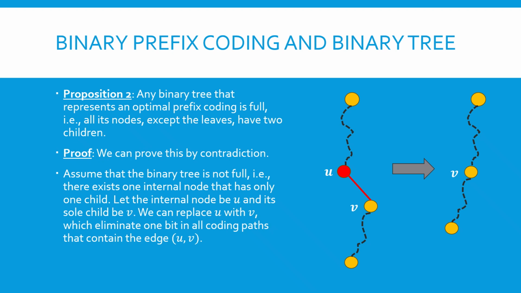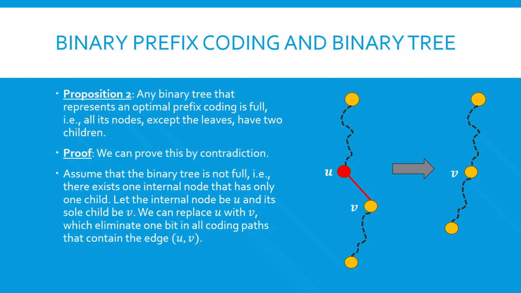Proposition 2 states that any binary tree that represents an optimal prefix code must be full. That is, every internal node has exactly two children. We prove this by contradiction. Suppose there exists an optimal binary tree that is not full. Then it contains an internal node with only one child.